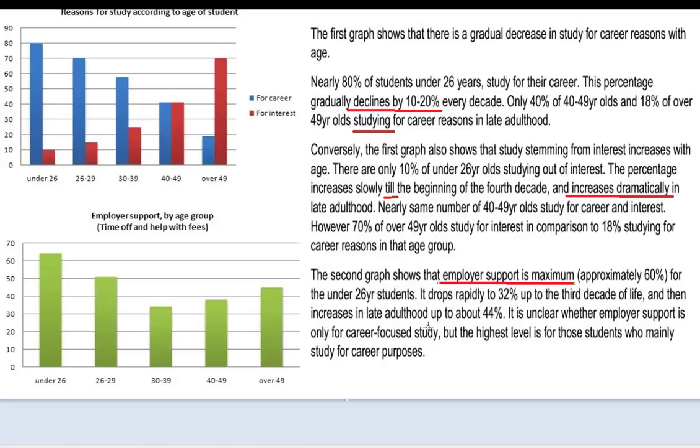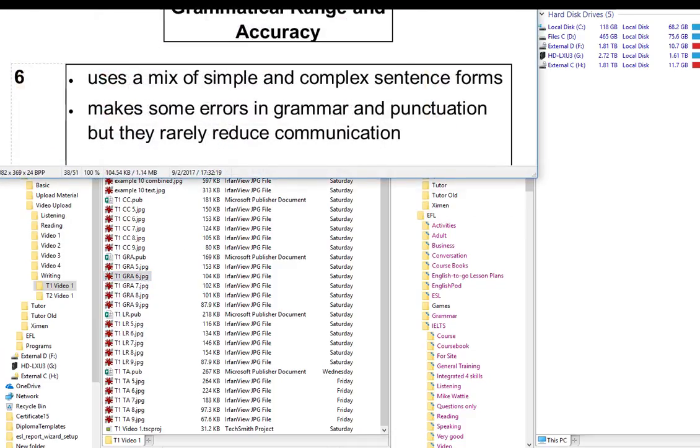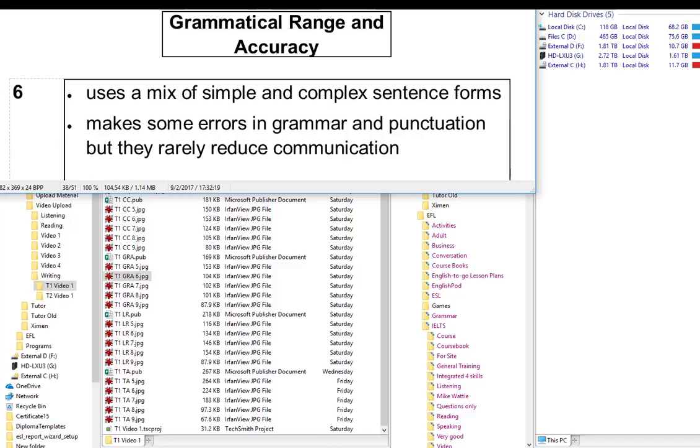"The third active life increases in late adulthood." So we have pretty standard phrases: decline, increases, increases, drops rapidly. Probably 6 would be a fair assessment.